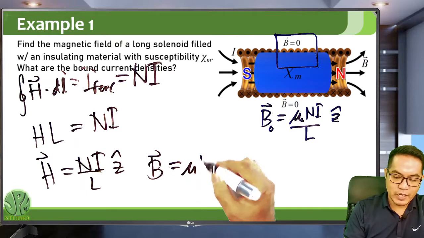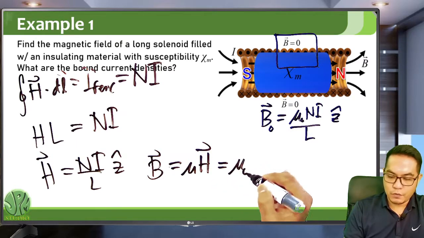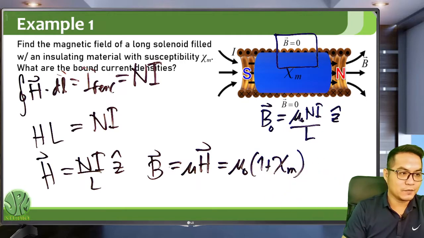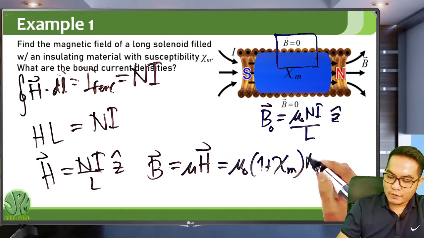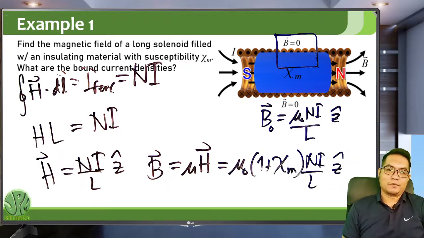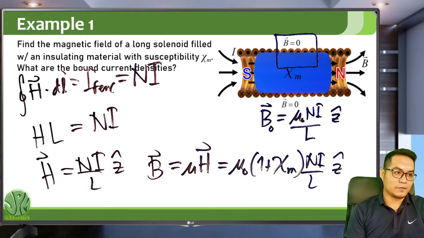It will be mu times H. So mu is just mu naught times 1 plus the given susceptibility, and H is Ni over L Z. So this is now our magnetic field inside. So it's a combination of the magnetic field of a solenoid plus the magnetization in the insulating material.